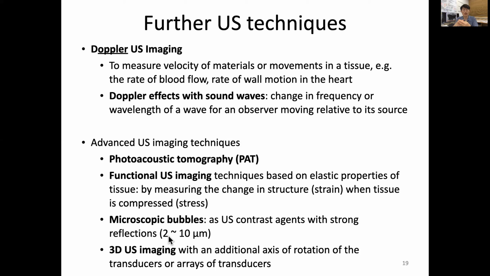You can flow them into the bloodstream, and they generate a high reflection in ultrasound, so we can use them as a contrast agent. Also, three-dimensional ultrasonic imaging adds another axis of rotation of the transducer or array of transducers. We can now image in 3D faster, and that's called 3D ultrasonic imaging.